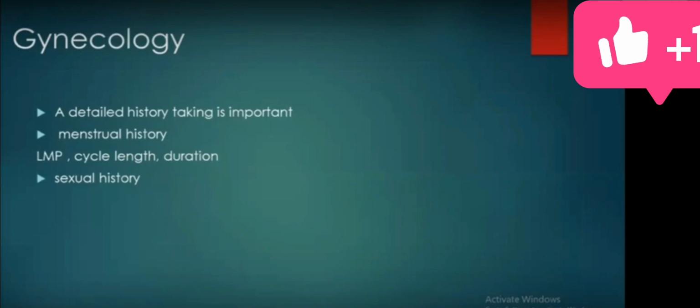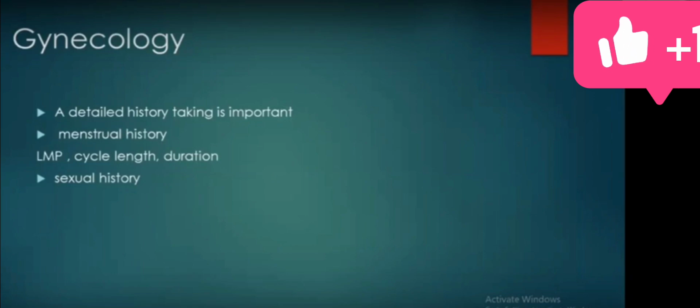Okay. Now we are moving to the gynecological investigations. In gynecological investigations, we have to take a detailed history, which is very important in gynec. In every gynec patient, we have to take a detailed menstrual history: last menstrual period and pre-menstrual period.